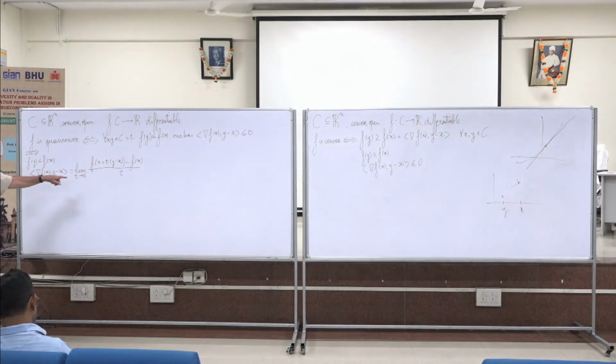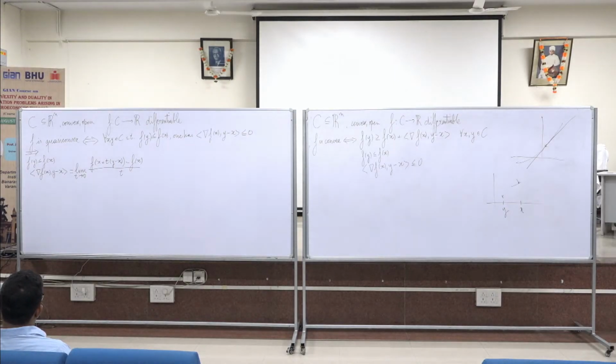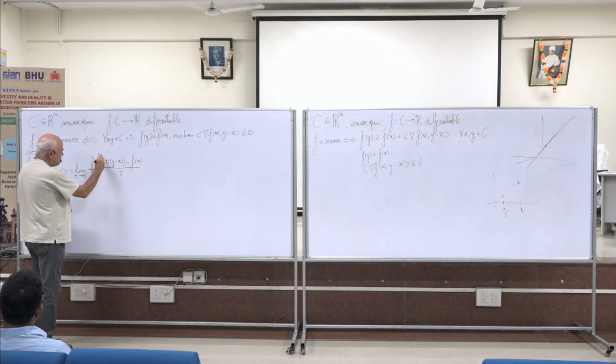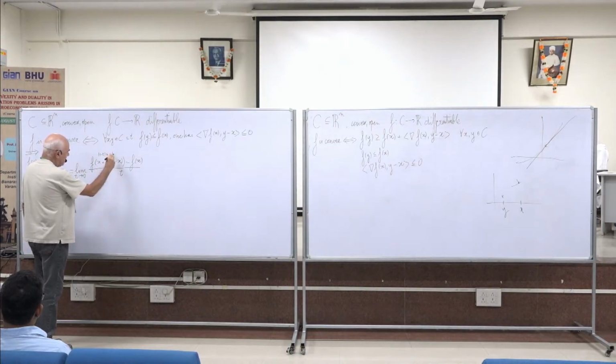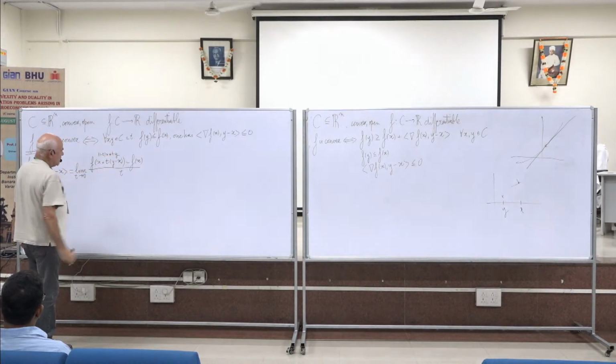But t goes to 0. So for t small enough and positive, t is between 0 and 1. And then what we have here is a convex combination of x and y.